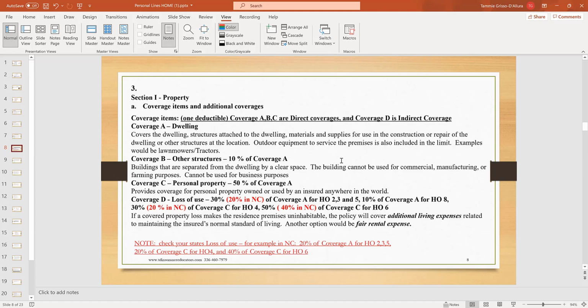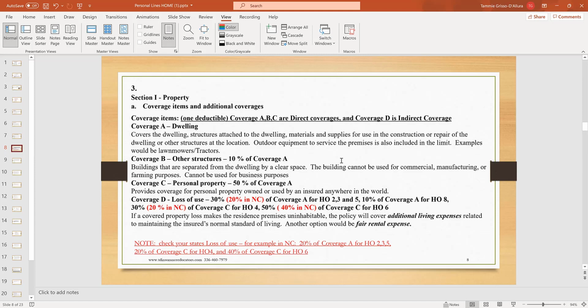Now, your coverage A, which is your dwelling. This covers a lot of things, not just the home itself. It covers structures that are attached to the dwelling. It covers materials and supplies that are used in construction or repair of the dwelling. So let's say that you are finishing off that basement.